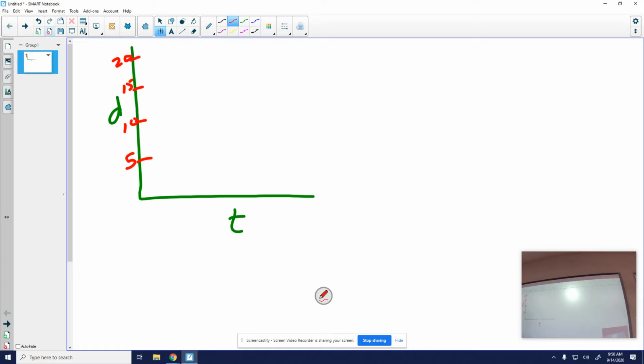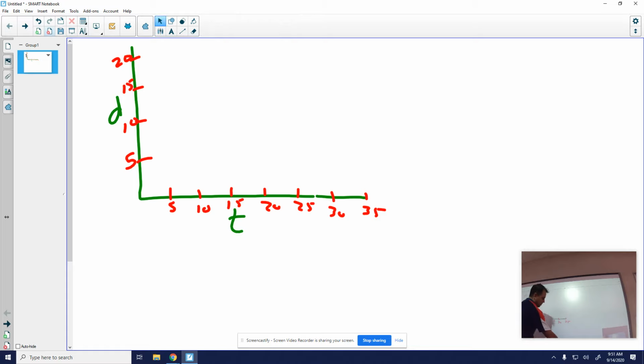Then I'm going to number the time axis by 5 seconds: 5, 10, 15, 20, 25. We might need a little more time than that: 30, 35 seconds. All right, let's say to get to the mailbox, we go at 2 meters per second.